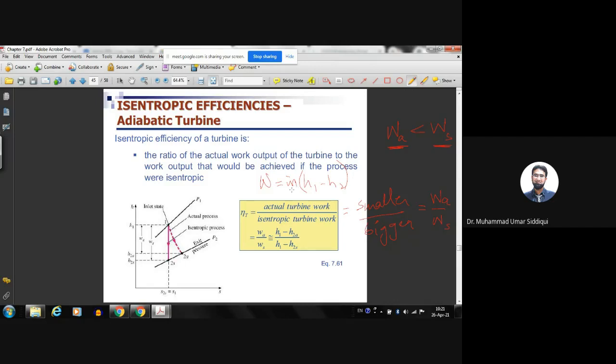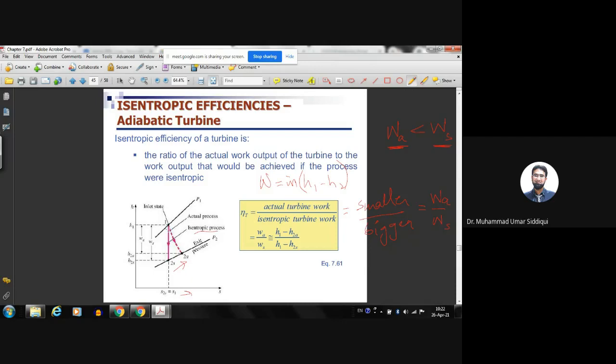Now here when we say H2, H2 is the enthalpy at the exit. Now enthalpy at the exit depends. If we draw the HS diagram for a turbine, for the isentropic process, the HS diagram would be represented by a vertical line because the entropy is constant, because there are no irreversibilities. But for the actual process, the process inside the turbine would not be represented by a vertical line, but by a case where the entropy is actually increasing.